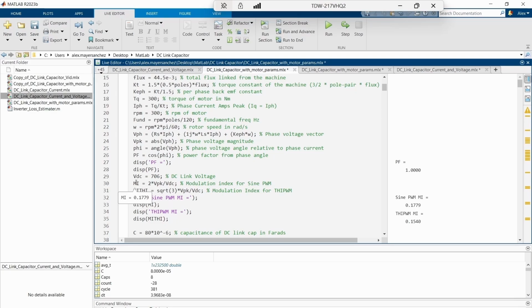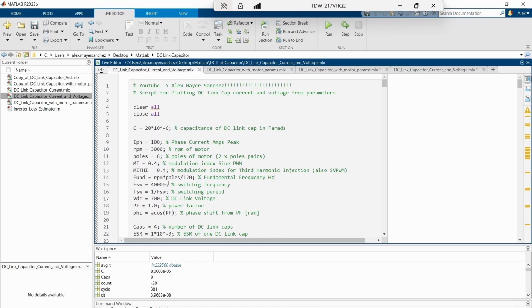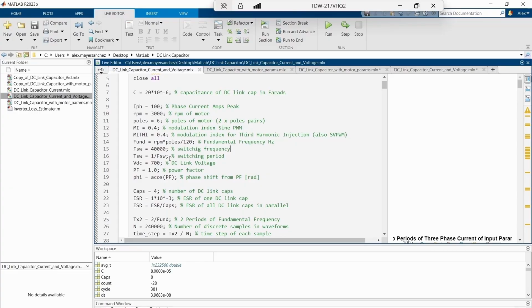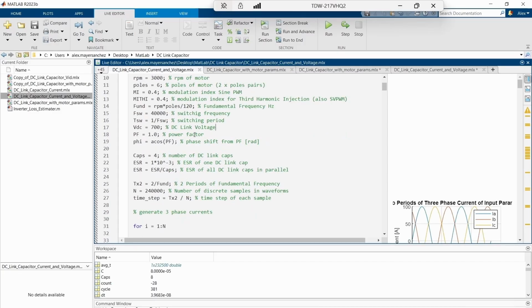I'll get to that in the third video though. So: modulation index for sine PWM, modulation index for third harmonic injection, fundamental frequency. This will be the switching frequency of your 3-phase inverter. This will be the switching period, which is just the inverse of the switching frequency. This is the DC link voltage of the 3-phase inverter.